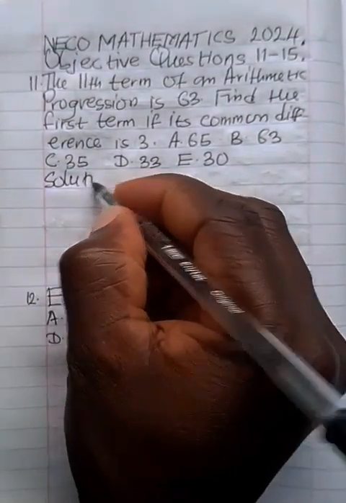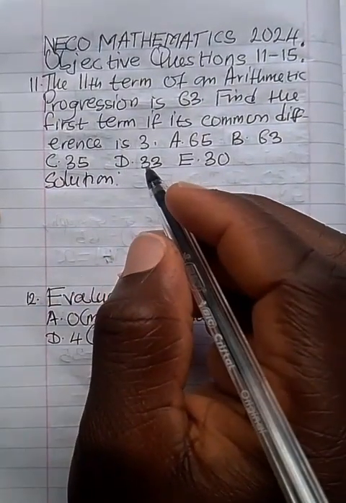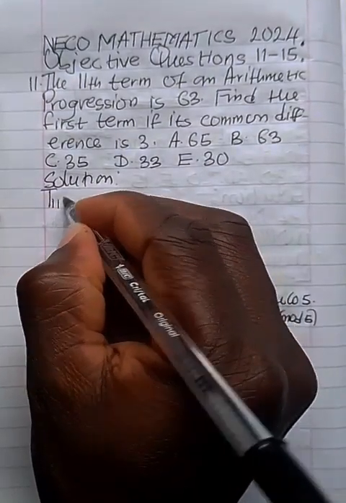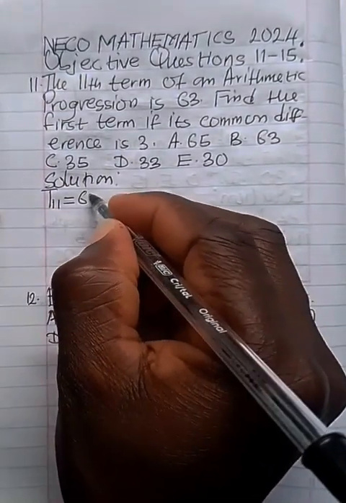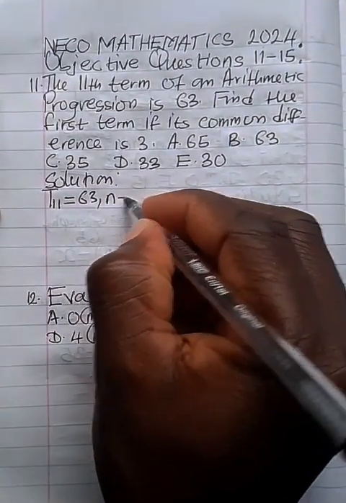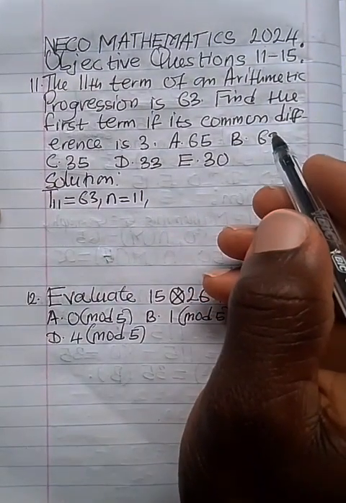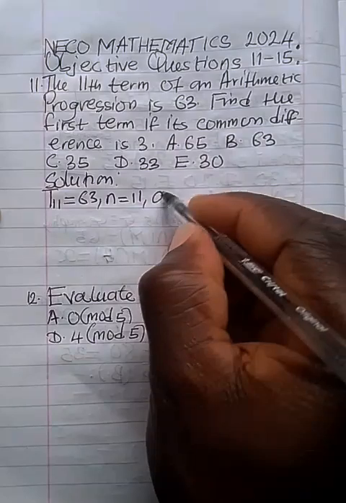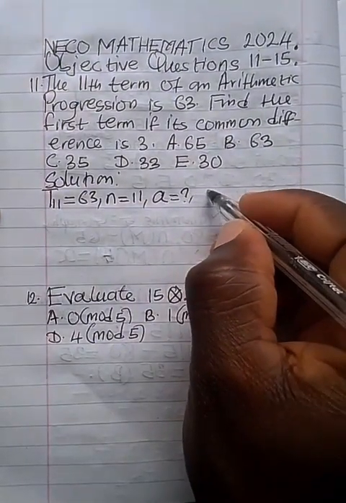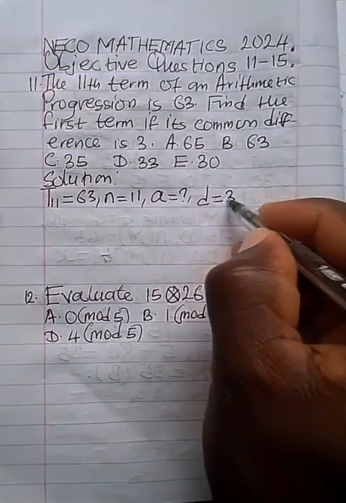Let's take the solution. From the question, the 11th term, t sub 11, is equal to 63. At this point, n is equal to 11. The first term a is unknown. The common difference d is equal to 3.